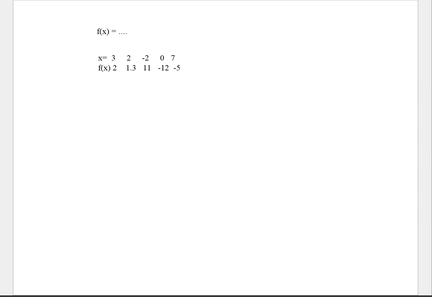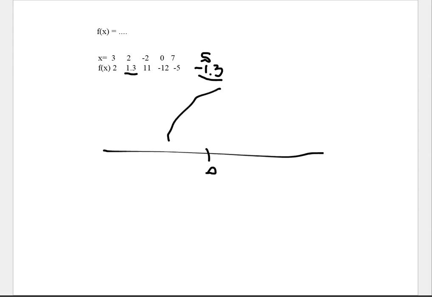For example, if we have a value of -1.3, both of these 2 values have an equal distance to 0.